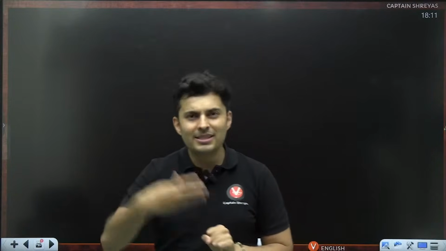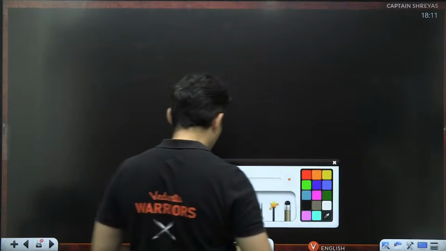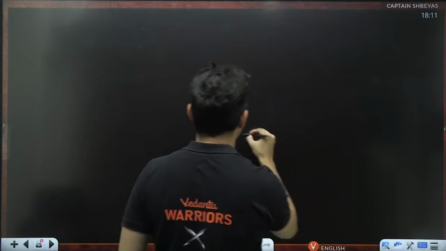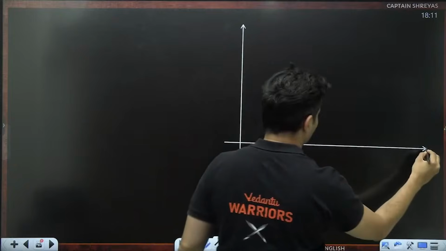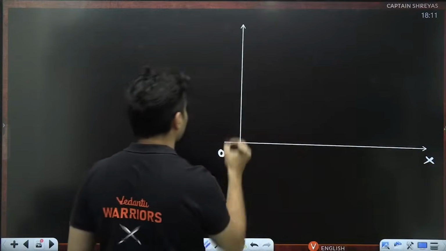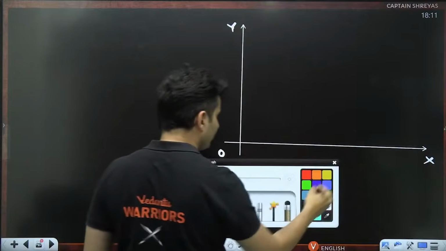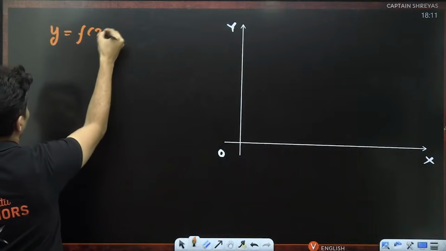So you will see many times area will come in graphs in physics, and you will have to see that, okay, this versus this graph, the area represents this. So you will study that in physics in many places. That is why you need to find areas. So what happens is, if you are given a graph, let's just say that we have been given y is some function of x.